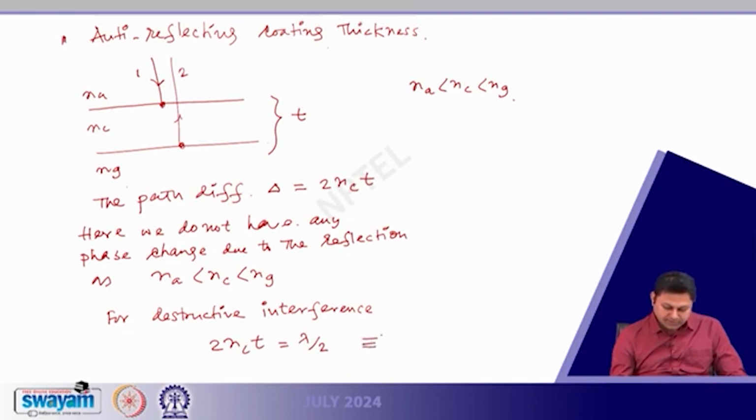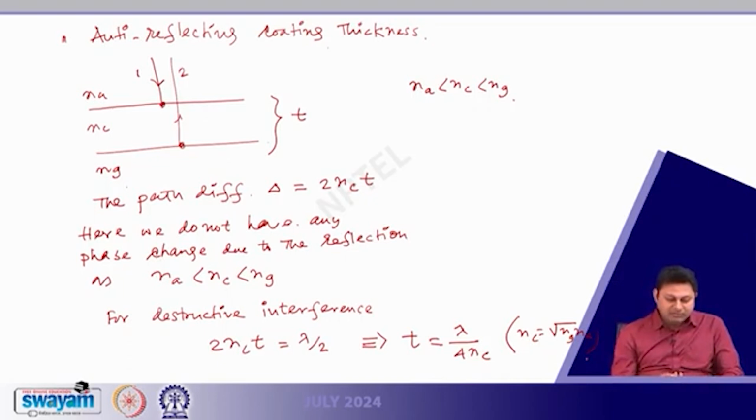So, the anti-reflecting coating thickness t should be lambda by 4 Nc, where Nc we calculated should be root over of Ng Na.